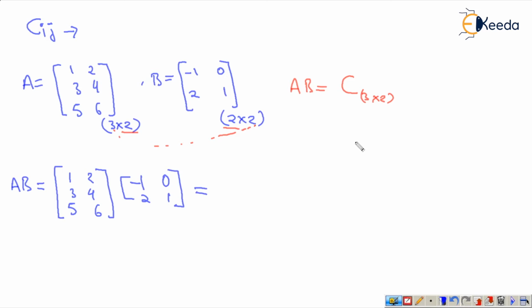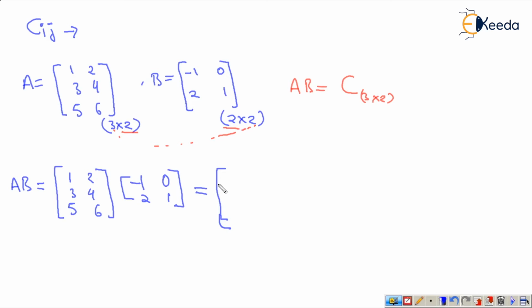Now we know that C is going to have 3 rows and 2 columns, right? So let's see the first element. This is the first row of A and this is the first column of B. So for Cij, like C11, it will be the first row of A and the first column of B multiplied and then correspondingly added.